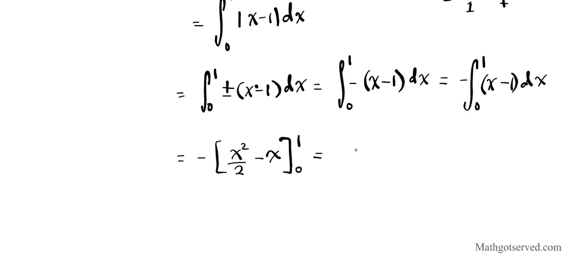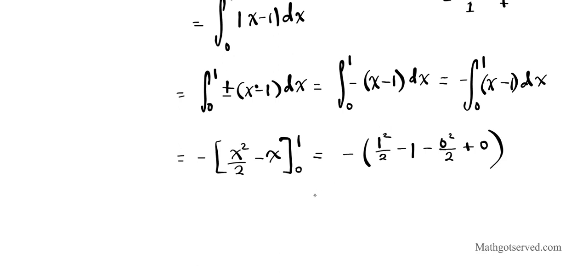Using FTC part 2, we have minus, parentheses, 1 squared over 2 minus 1, plugging in the upper limit of integration, which is 1, minus, if I plug in the lower limit 0, I have 0 squared over 2 minus 0. But there was a minus in front, so this becomes a plus 0.